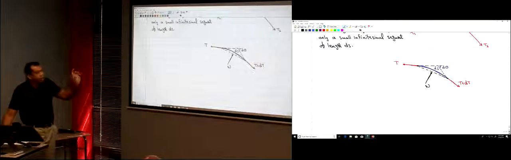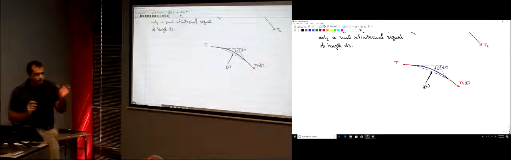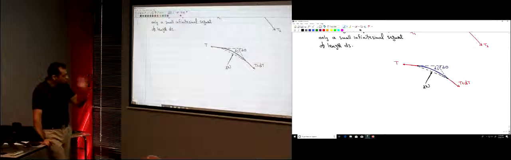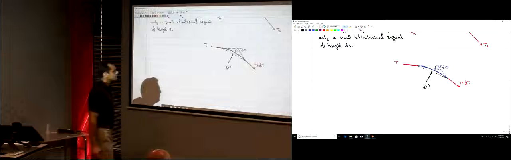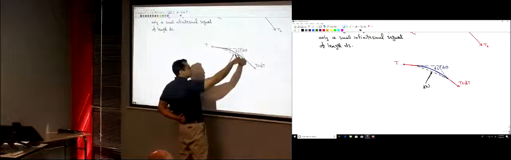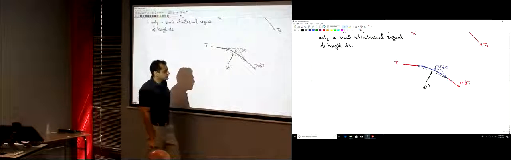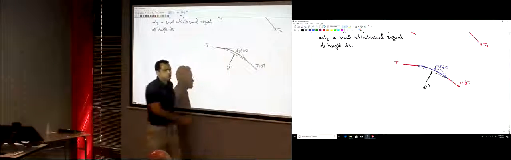It's applied on this small surface ds, so we're going to call it dN, a small normal force along this surface. And now there is a frictional force along the tangential surface. This represents the direction of the surface, so the frictional force is in this direction. This is the direction of the impending motion.